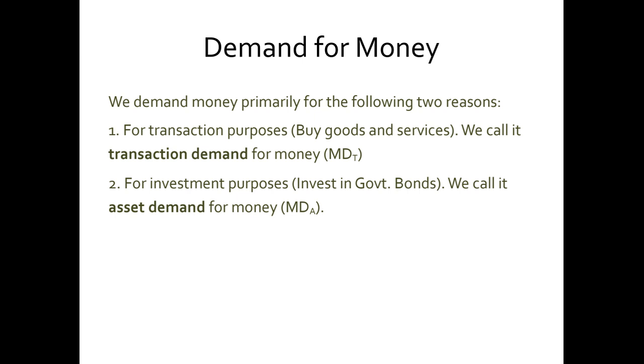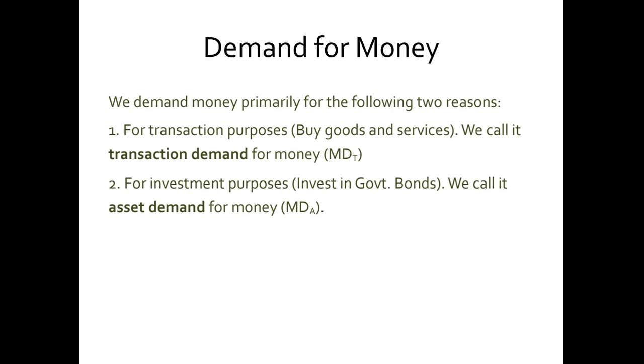Now, demand for money. We demand money primarily for the following two main reasons. For transaction purposes, that is to buy goods and services. We call it transaction demand for money because we need money to make transactions, to buy goods and services. The second reason is for investment purposes.